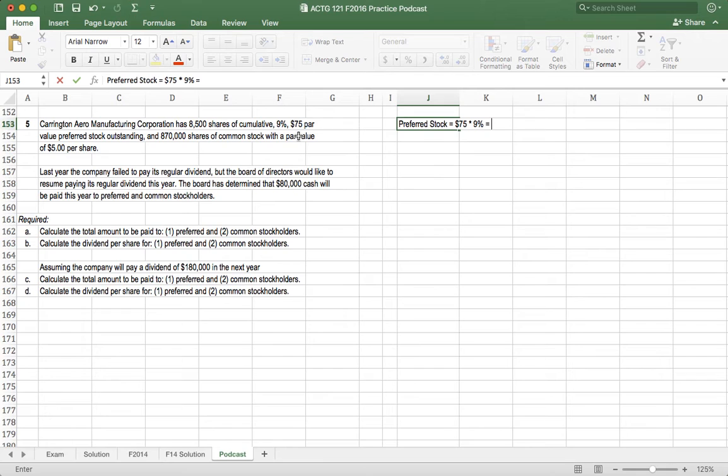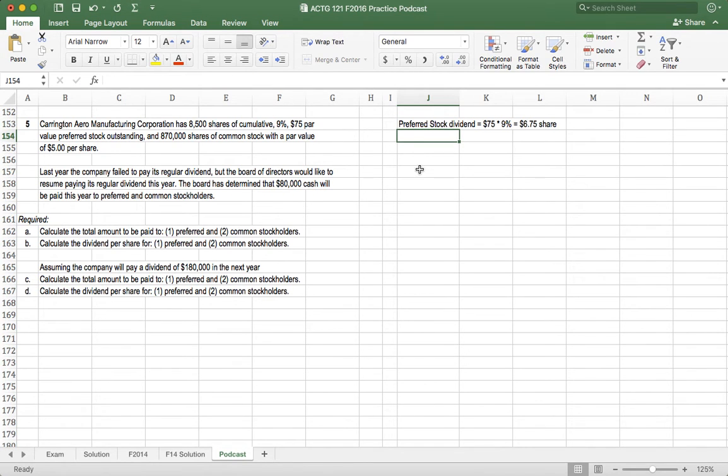And once we do that, I'm going to get my trusty calculator out. That's going to be a dividend per share of stock in the amount of $6.75 per share. So this is the dividend. Let me put that preferred stock dividend in there. So that is the dividend per share.